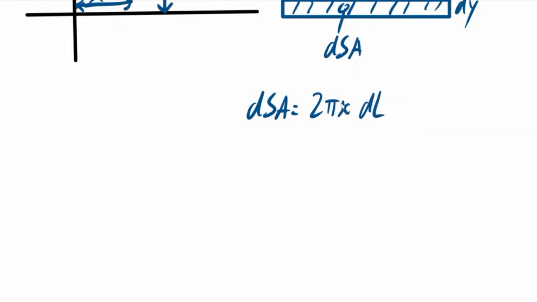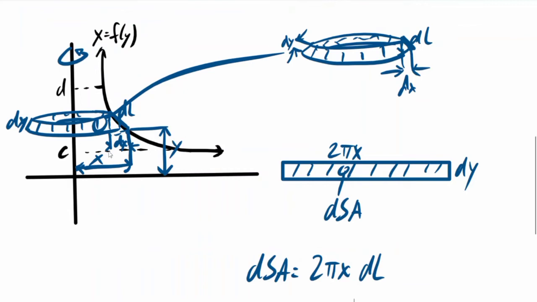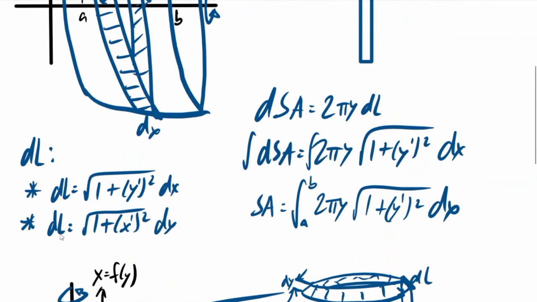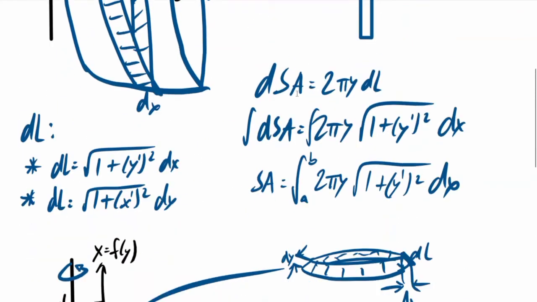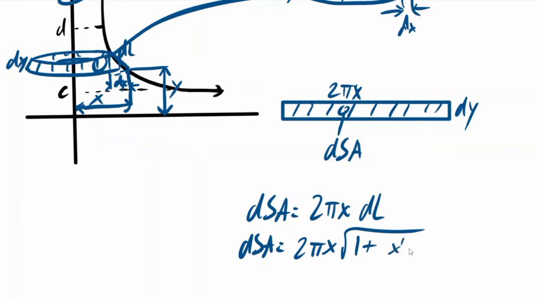For dl we use the formula for the dy strip, this one here. So dSA is equal to 2 pi x times the square root of 1 plus x prime squared dy.